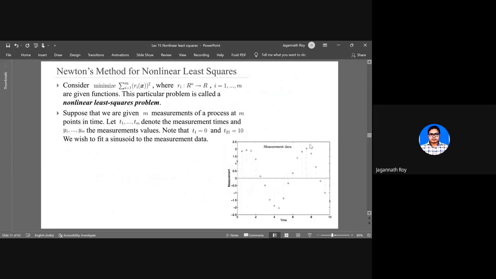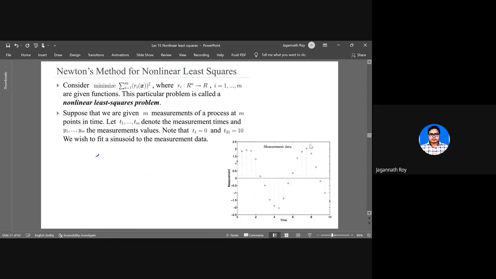We'll discuss the formula again, but we have to understand the mathematics behind this formula. So how do we get this formula actually? Let us discuss this.